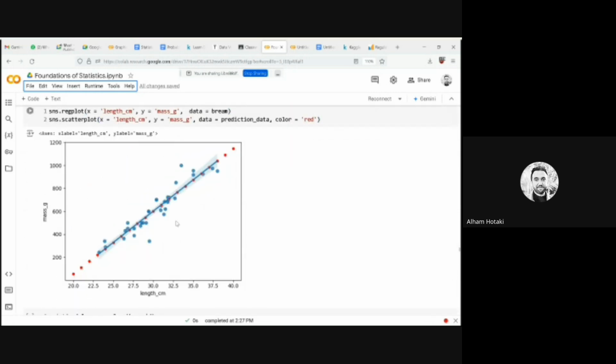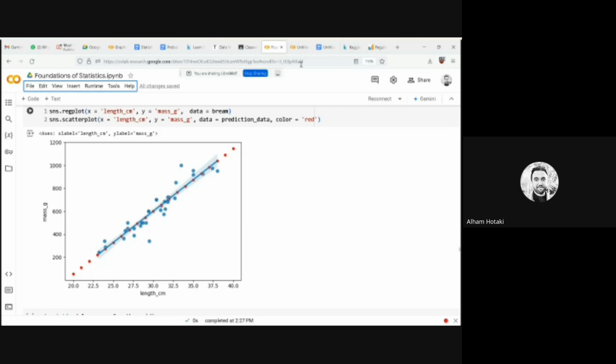For example, these are the predicted dots, and these are the actual dots. The distance between these two is very important whenever we are talking about linear regression, and these are called residuals. Different measures have been developed based on only this distance, the distance between the predicted dot and the actual dot.